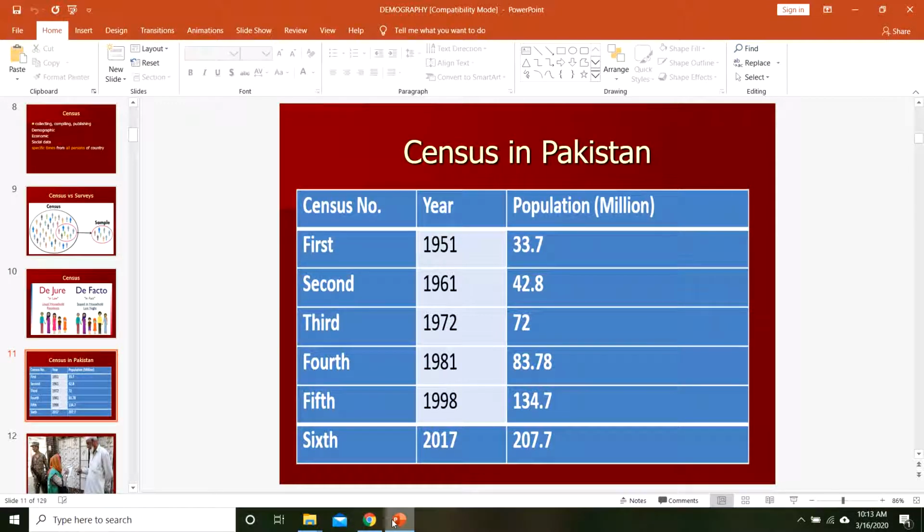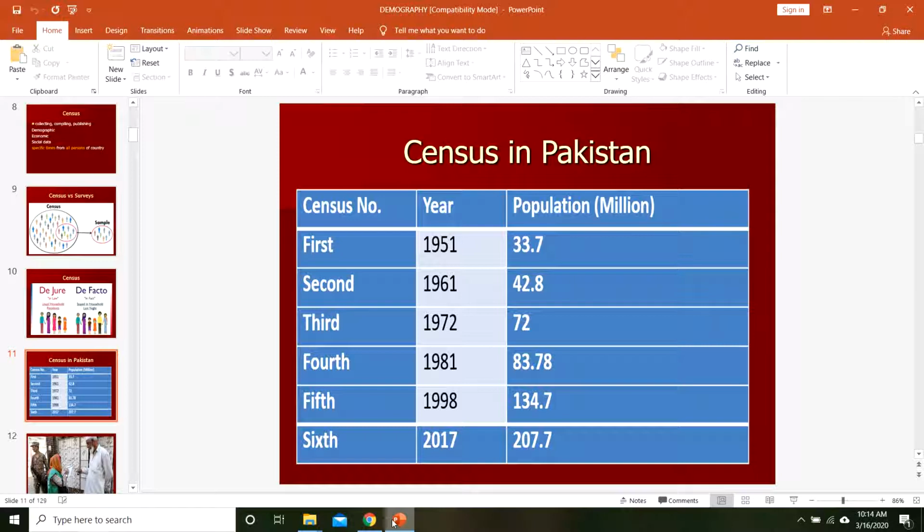In Pakistan, 6 censuses have been conducted. The first one was conducted soon after its existence in 1951. Then after 10 years, in 1961. In 1971, Bangladesh was separated from the Western unit, so the census was delayed by 1 year and conducted in 1972. The fourth census was conducted in 1981, and then there was a gap of almost 18 to 19 years before the fifth.